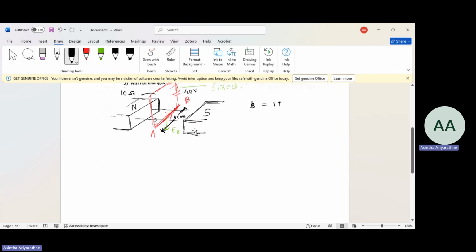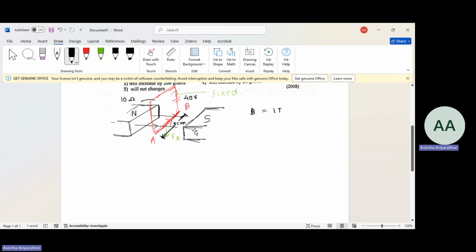First we can find the current I through the loop, using delta V equals IR.